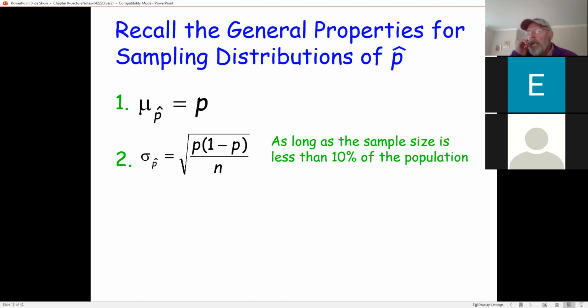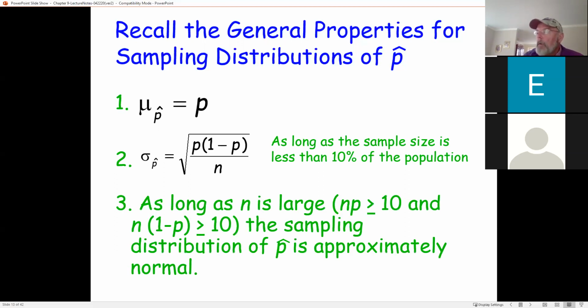And here is the sigma that goes along with the sampling distribution and the variability. And remember, the sample size has to be less than 10% of the population.